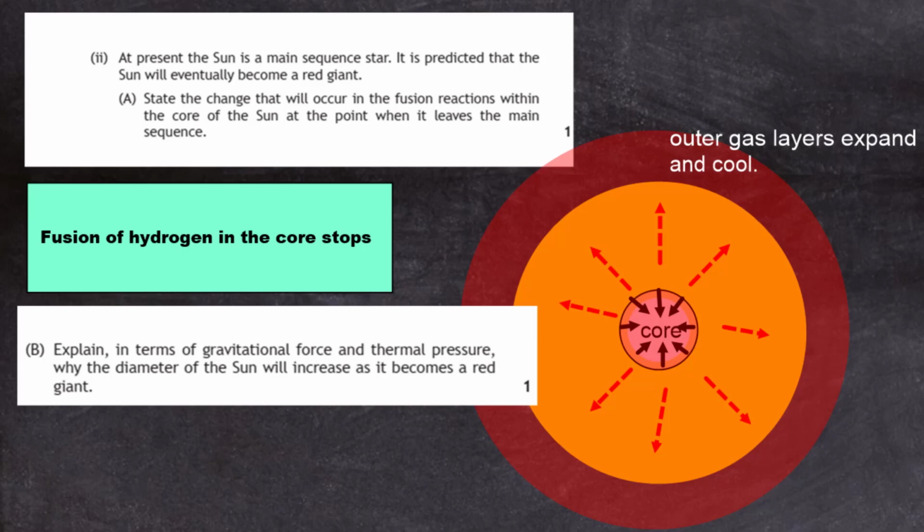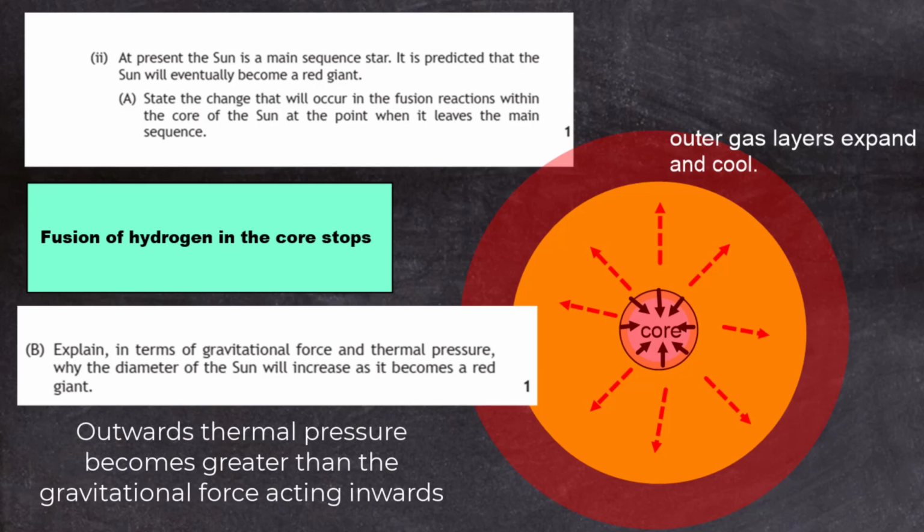So just to recap again, explaining in terms of gravitational force and thermal pressure, why the diameter of the sun increases. Quite simply, thermal pressure overtakes the gravitational pull. When the nuclear reaction stops, the core collapses because the force of gravitation takes over.